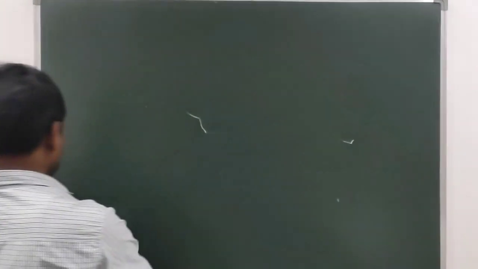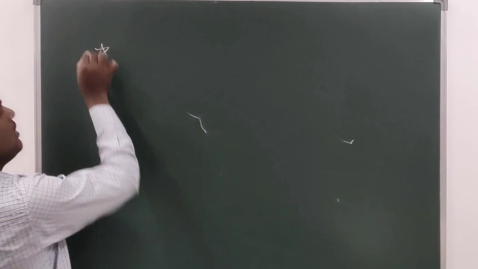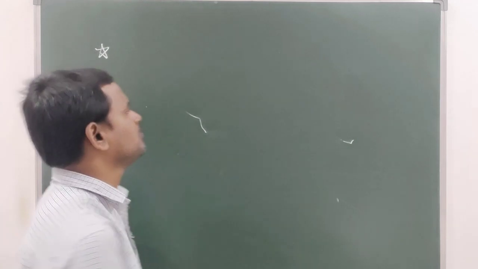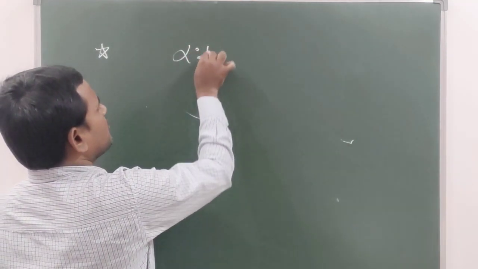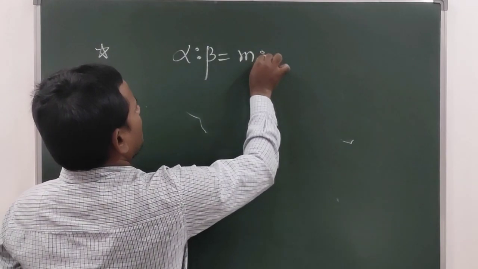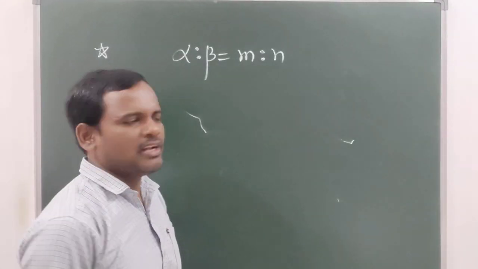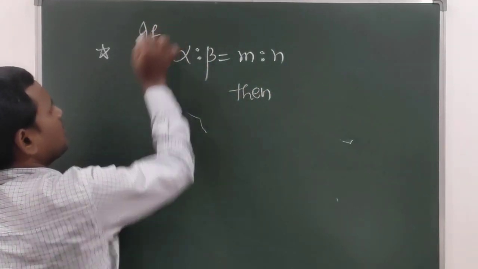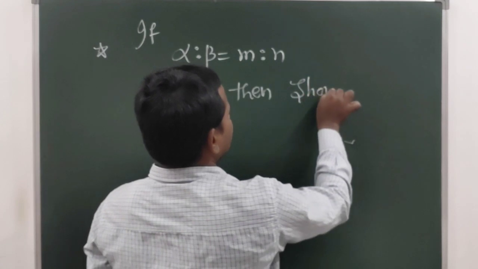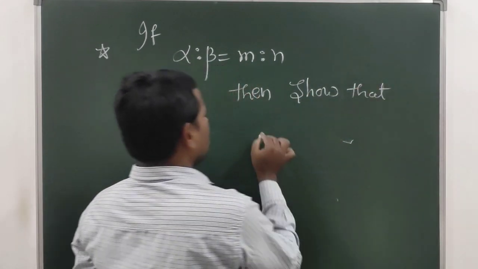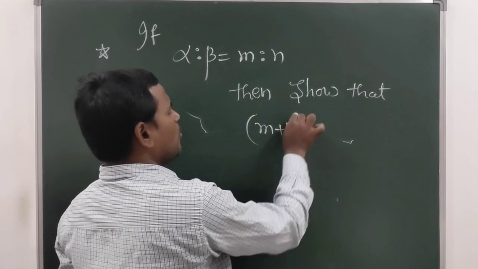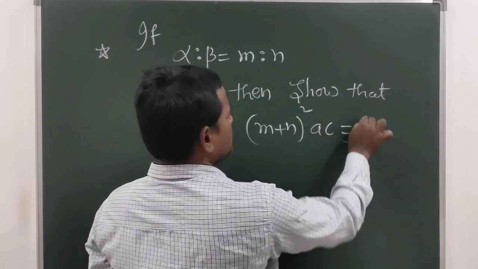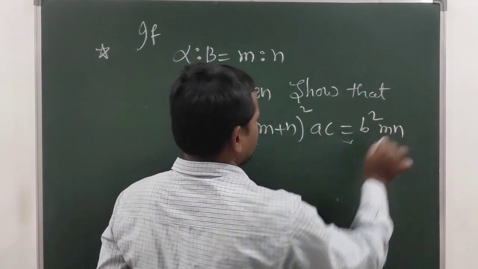Next, see the next property. If the roots of the quadratic equation are in the ratio m is to n, then show that m plus n whole square into AC is equal to b square into mn.